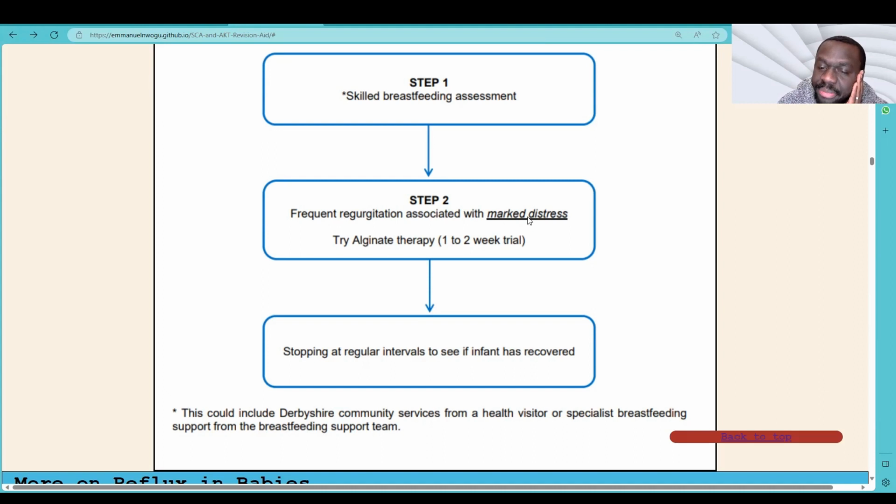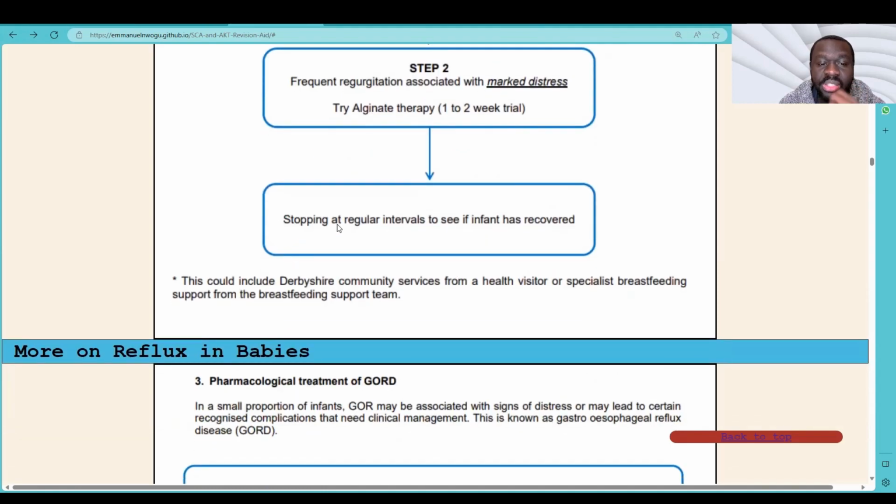If we have to carry on breastfeeding, we have to rule out symptoms of possible cow's milk protein allergy, that might make you want to ask her to try cutting out cow's milk from her own diet, for instance. But if you're not suspecting the presence of a cow's milk protein allergy, then you just try alginate for 1 to 2 weeks and see if that helps. Stop at regular intervals to see if the infant has recovered.